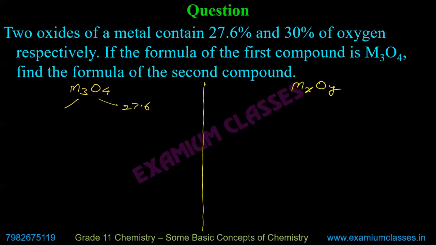But if I talk about the molar mass, and I consider the atomic mass of this one as X, the molar mass of this one will be 3X plus 4 into 16, that is 3X plus 64. Is that clear?